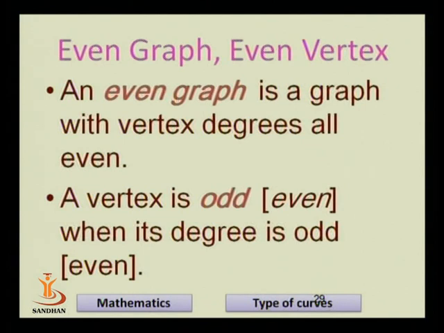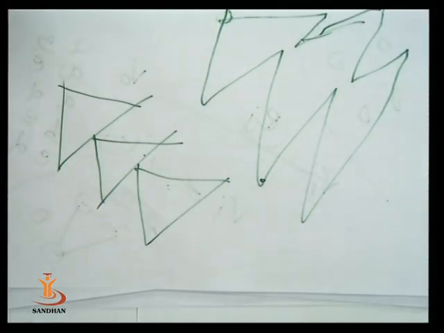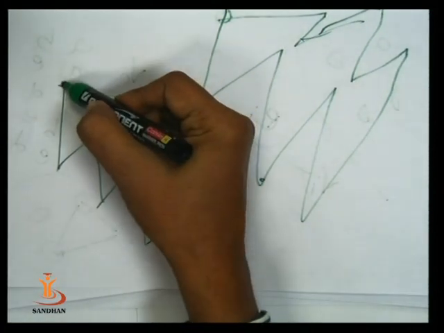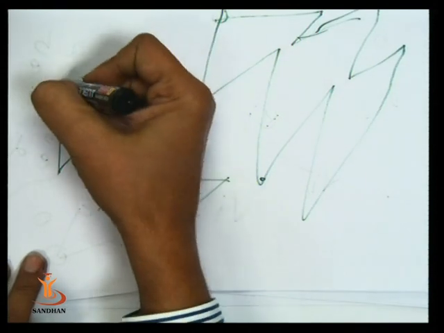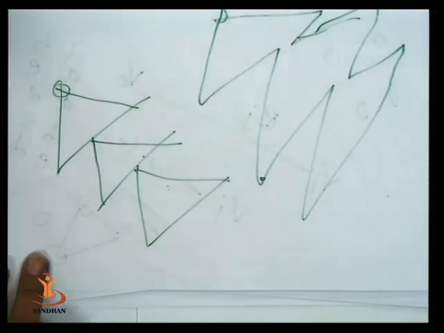Now the even graph. What is an even graph, and what is an even vertex? An even graph is a graph with all vertex degrees even. This graph is a graph with all vertex degrees even. The degree of this vertex is 2 because two edges are incident on that vertex.